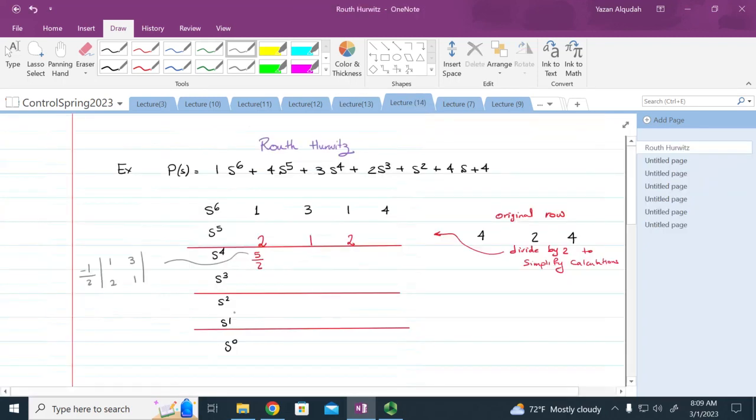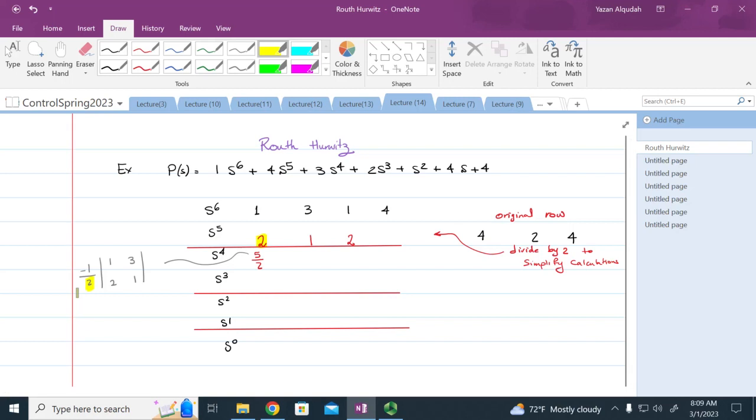Any second entry? This element here. Negative 1 over 2, 1 times 2 minus 1 times 2.